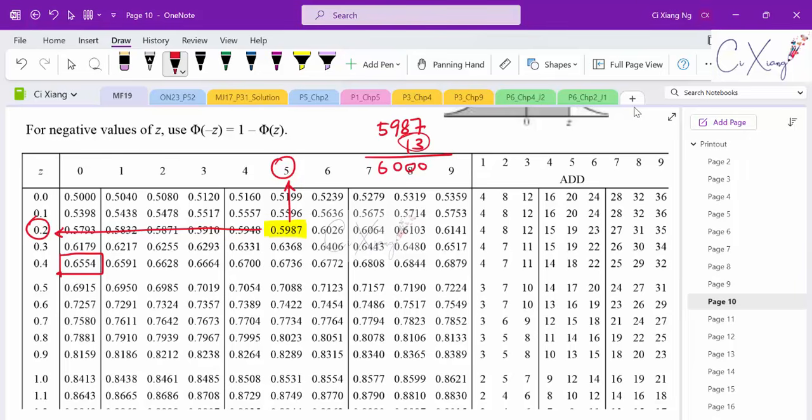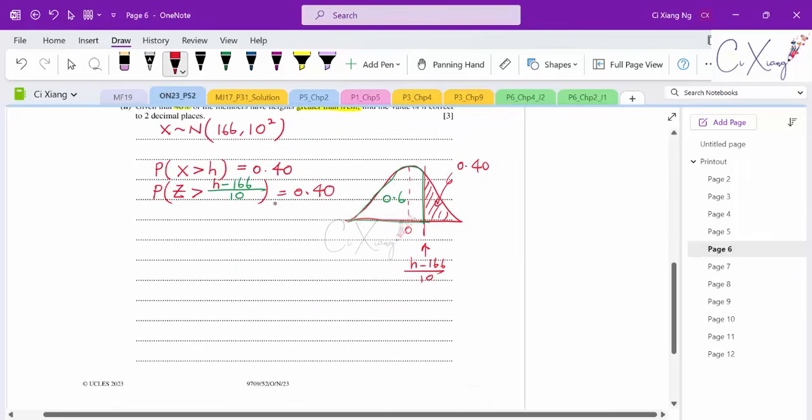So you need to look for 13 at the back. There's no 13. You have 12, you have 15. Usually we take the closest number, so I think 12 is the closest already. Then you add one more decimal place to the value of z, which is 3. If you continue to read the value, it will be 0.253. So my value of z equals 0.253.